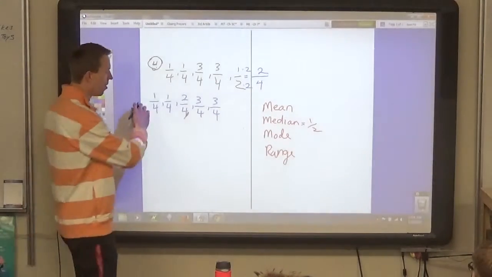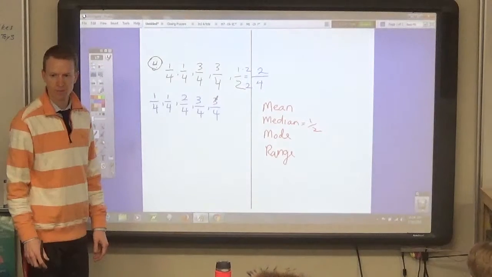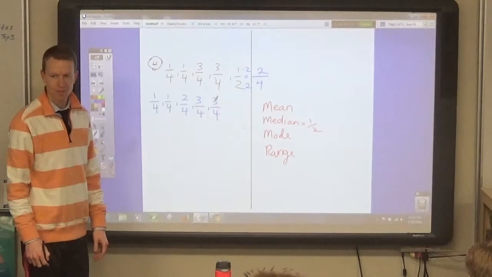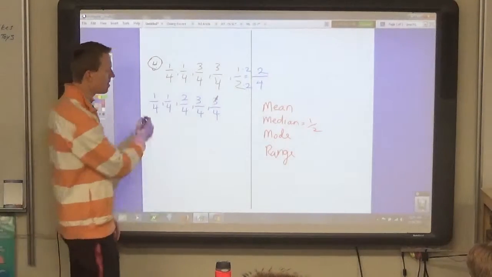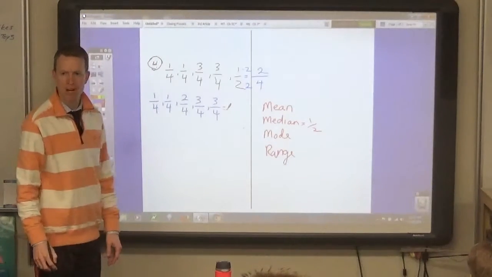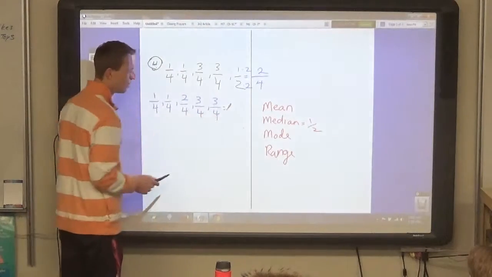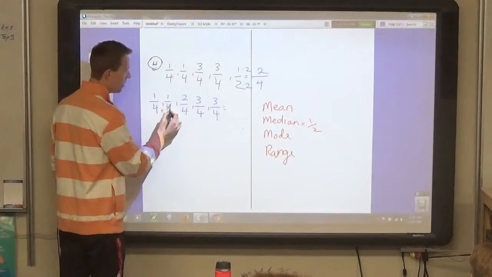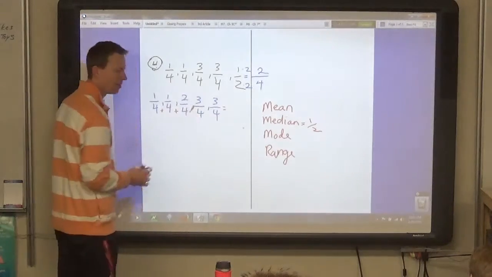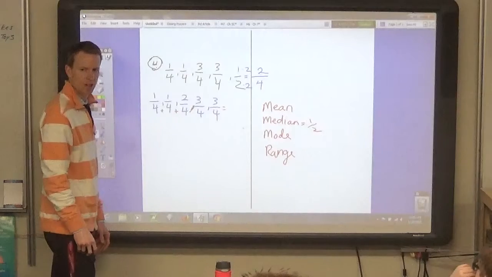How do you add all of these up? How do you add these up? Brett? You add all the numerators. Yeah. You add all the denominators. Do we add the denominators? Oh, wait, no. The denominator is just a label.